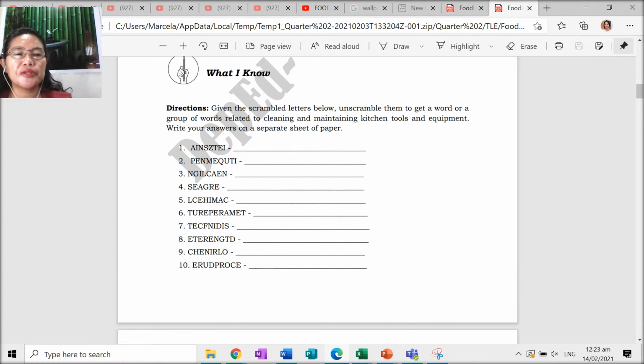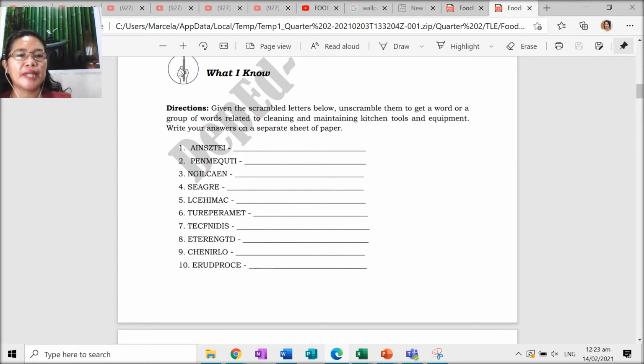The first thing that you are going to do is answer this, What I Know. This is to measure if you really have an idea of the topic for lesson 2. The direction is: given the scrambled letters below, unscramble them and get the word or group of words related to cleaning and maintaining kitchen tools and equipment.